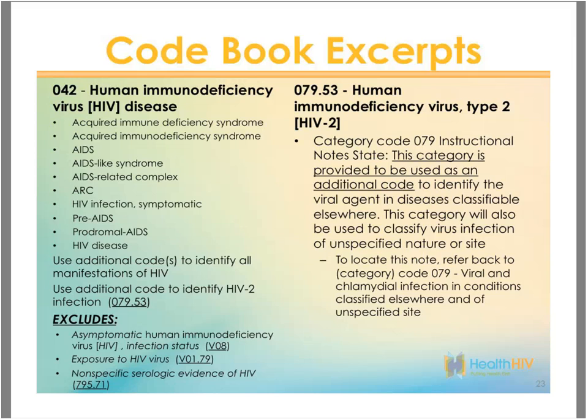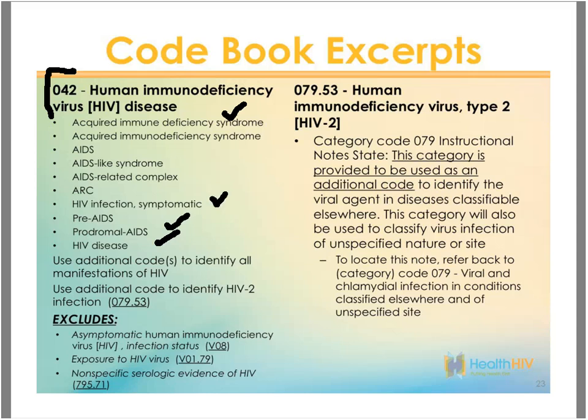So what we did for this installment is we added the language that's in the ICD-9 code book for the diagnosis code of 042, which is the AIDS disease, infection, and here are the common terms that are used to describe the diagnosis code that ties in to treatment or care for a patient that's diagnosed with the condition.